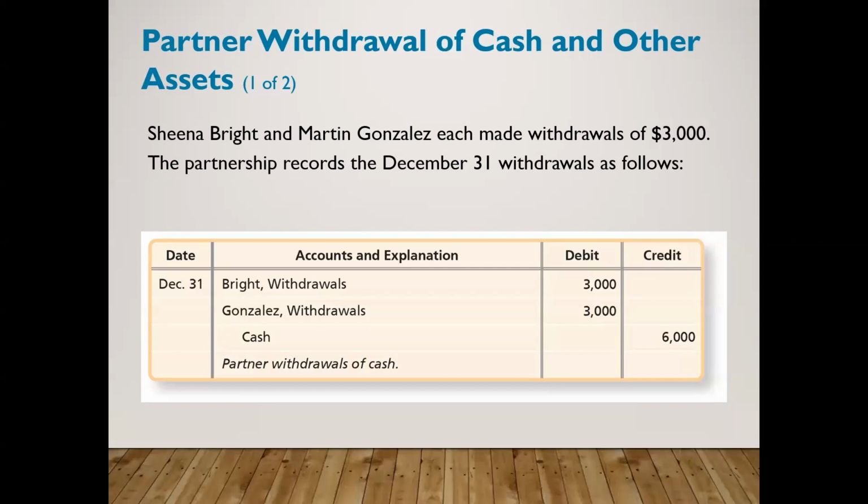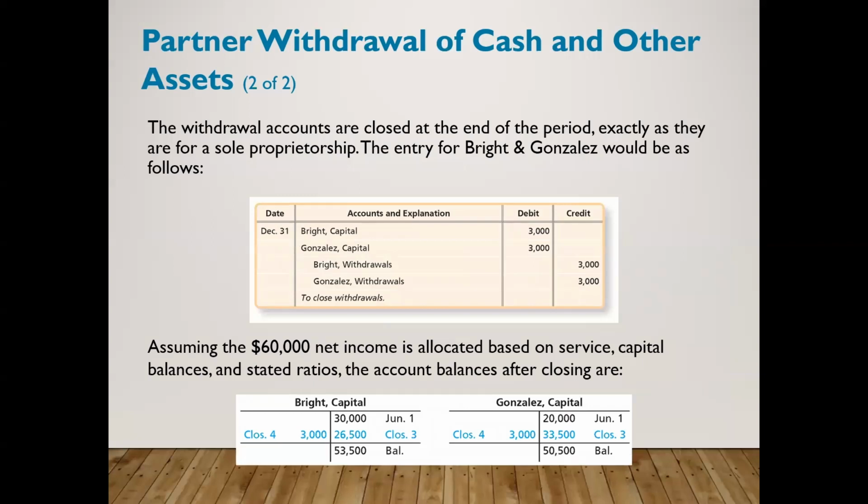And that's when a partner withdraws cash. The withdrawal accounts are closed at the end of the period, exactly as they are for a sole proprietorship. That's where you credit each partner's withdrawal account, and then you debit his or her capital account. So you see here, there's a debit for both Bright and Gonzalez capital, and a credit to Bright and Gonzalez withdrawals.